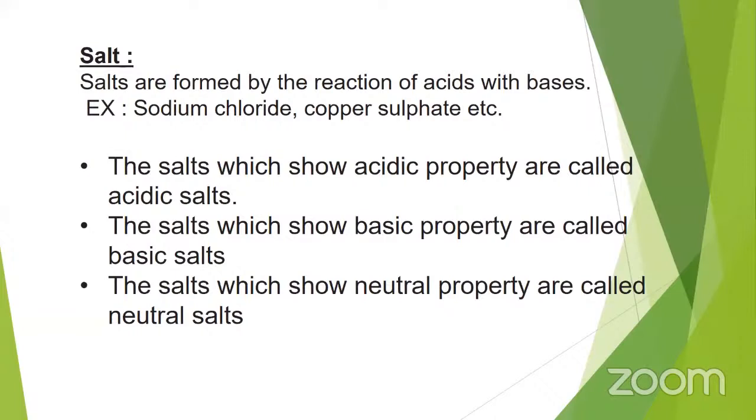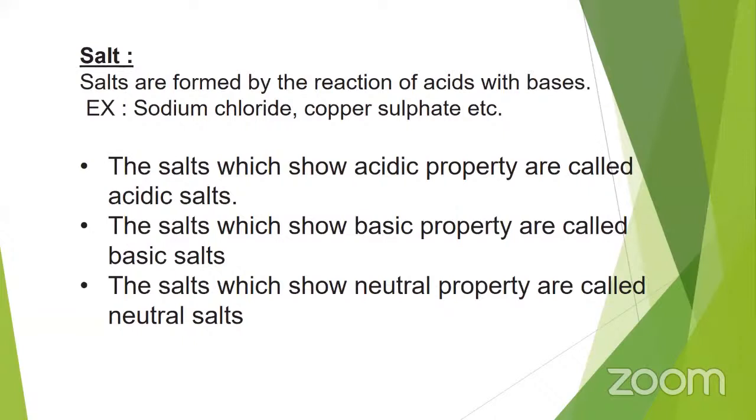Similarly, a strong base and a weak acid, sodium hydroxide with acetic acid, when they react, some salt is formed. This salt has some basic nature. Salts which show neutral property are called neutral salts.